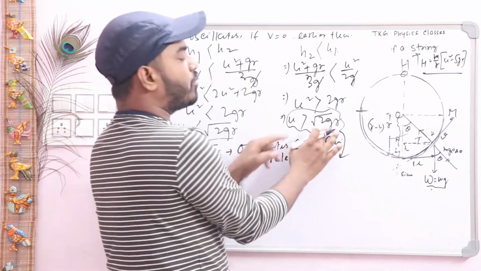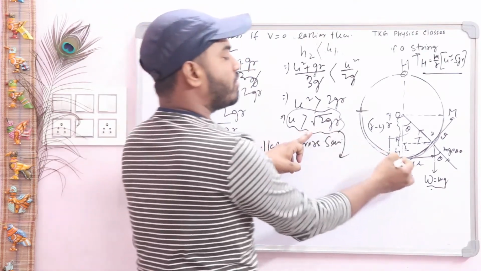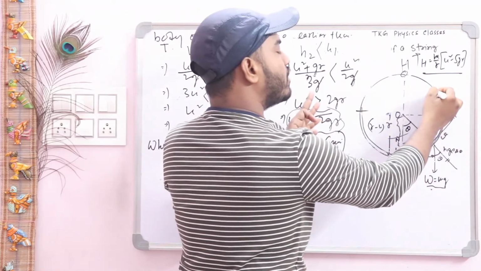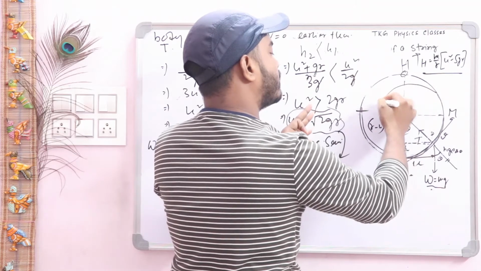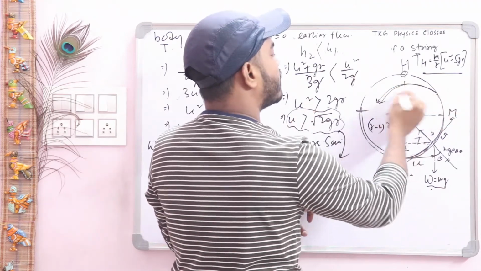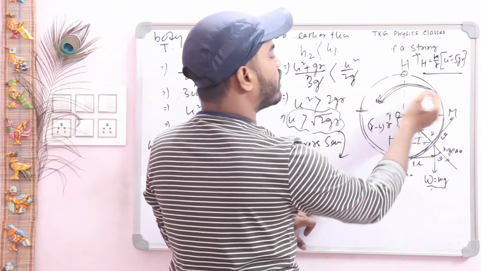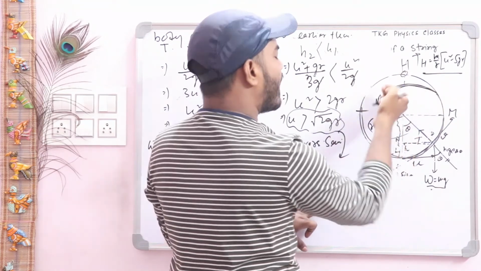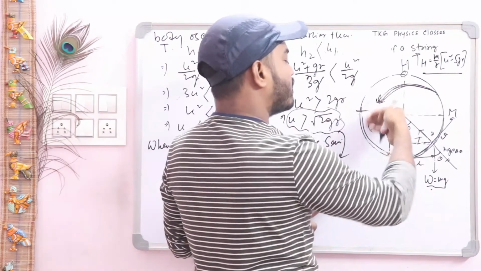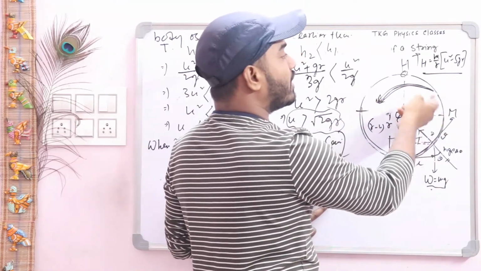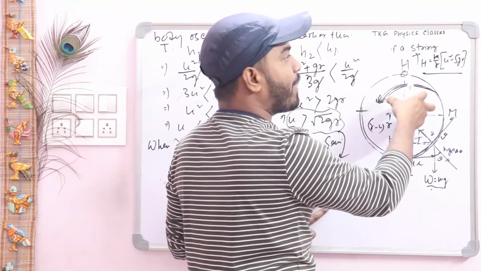Suppose velocity is more than root under 2GR, so the body goes up to this point, then tension is 0, so the body goes like this, leaves this circular path, and this happens for a very short time. The body goes like this, and then it again rejoins the circular path, and this path becomes parabolic.